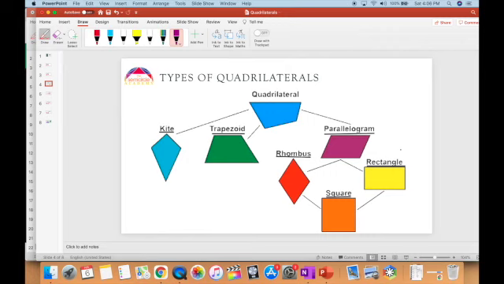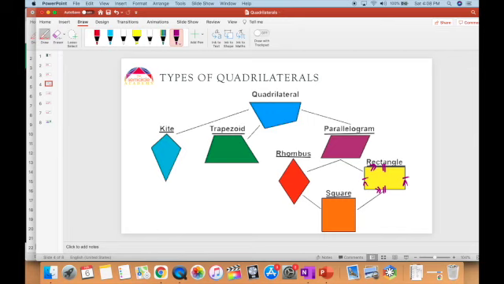What is a rectangle? A rectangle is a type of parallelogram. A rectangle is a parallelogram. So that means that the opposite sides are equal and parallel. And so the sign for parallel is the arrows and the equal sign is the strokes, right? So the opposite sides are equal and the opposite sides are parallel, right?